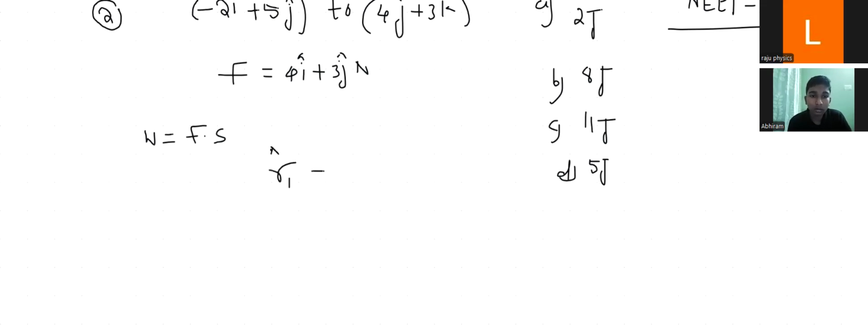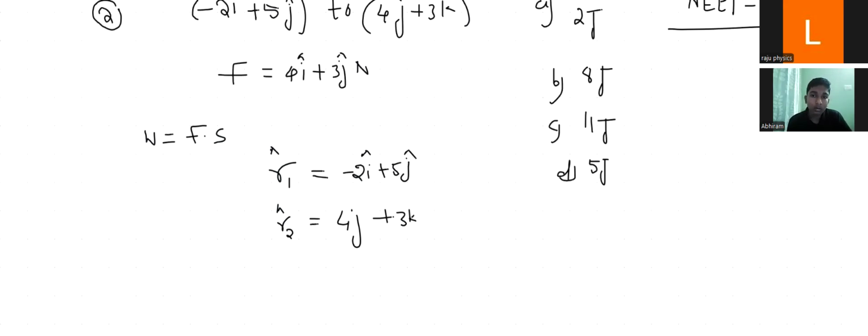The first coordinate point is minus 2i cap plus 5j cap. What is R2? R2 is 4j cap plus 3k cap.